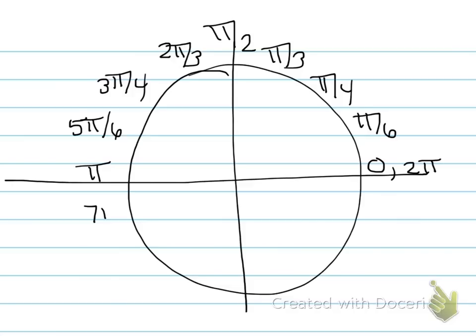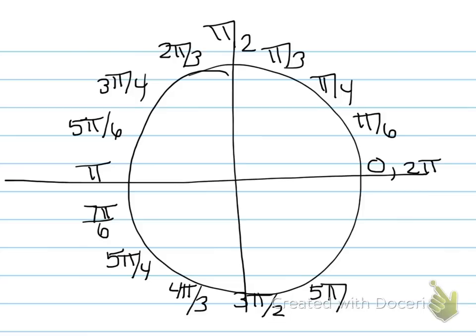Keeping that going, we had 7 pi over 6, 5 pi over 4, 4 pi over 3, 3 pi over 2, 5 pi over 3, 7 pi over 4, and 11 pi over 6.